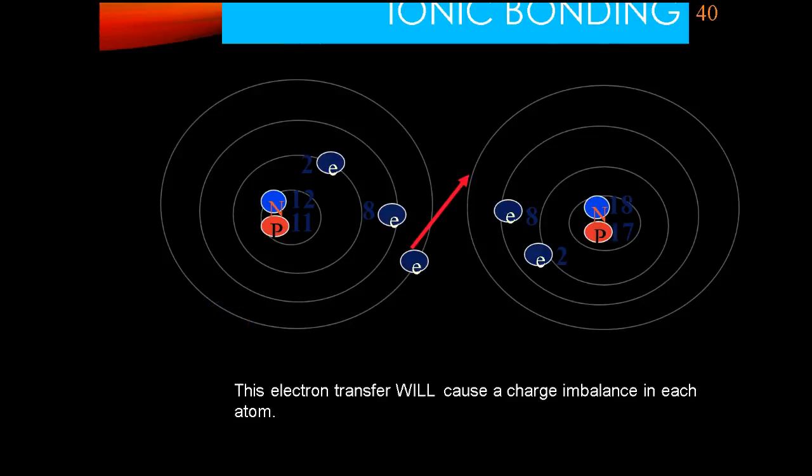Alright, so the next thing that we see is that sodium will donate his lone electron to chlorine, who has 7 electrons in its outermost shell, or in its valence shell.